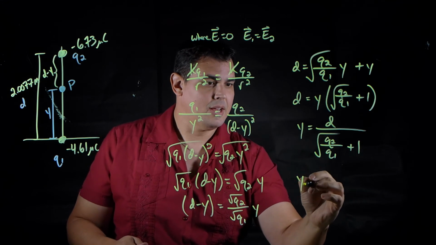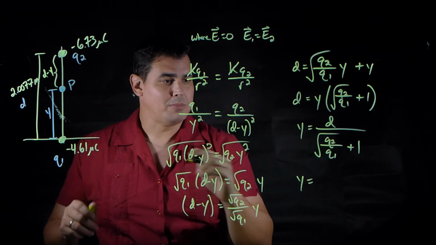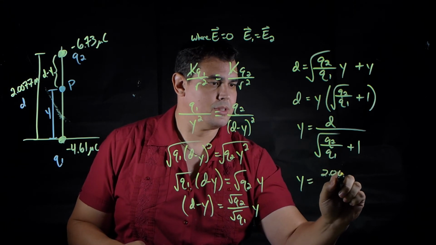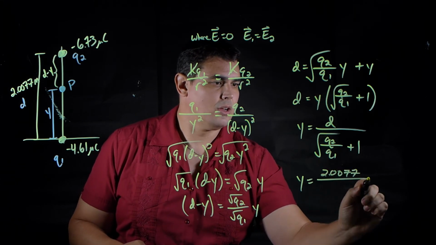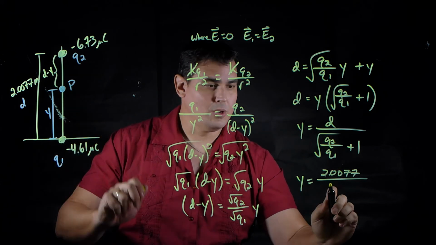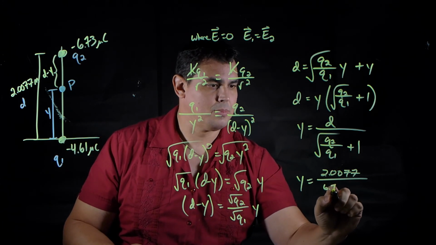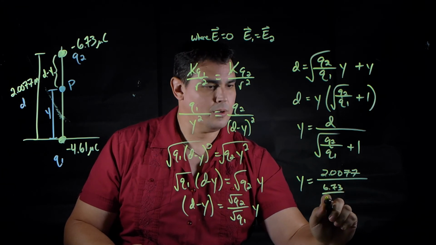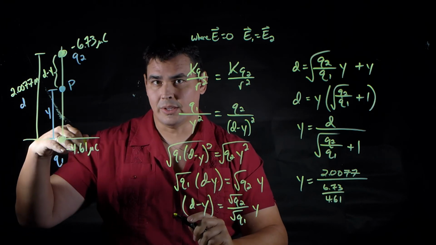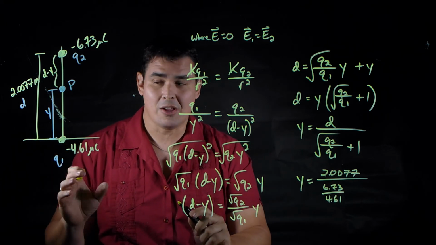So now I go substitute in, right? I can just plug in all my numbers. So y will be equal to d, which is 2.0077, over the square root of q2 over q1. So that's 6.73 over 4.61. I'm not using the negative signs, right? Because that's an absolute value when you're using Coulomb's law, right?